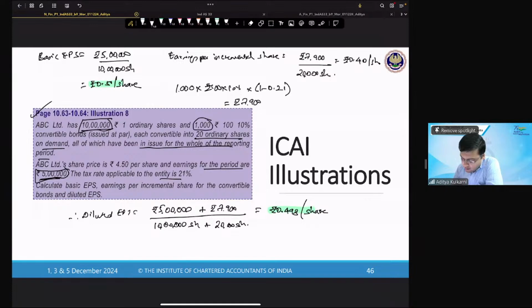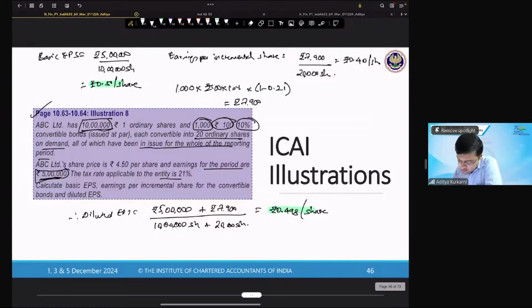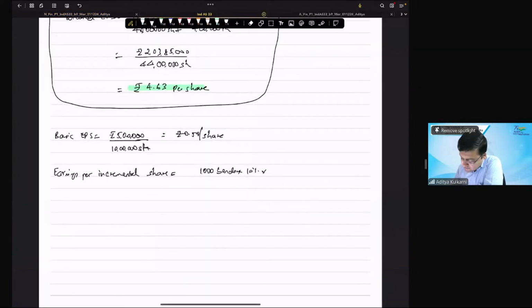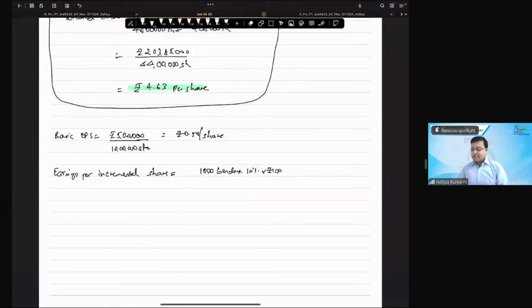It is having 1,000 bonds of rupees 100 each at 10% rate of interest. So 1,000 bonds into 100 into 10% rate of interest. And what is the face value of the bond? Rupees 100. Is it okay? Yes sir.